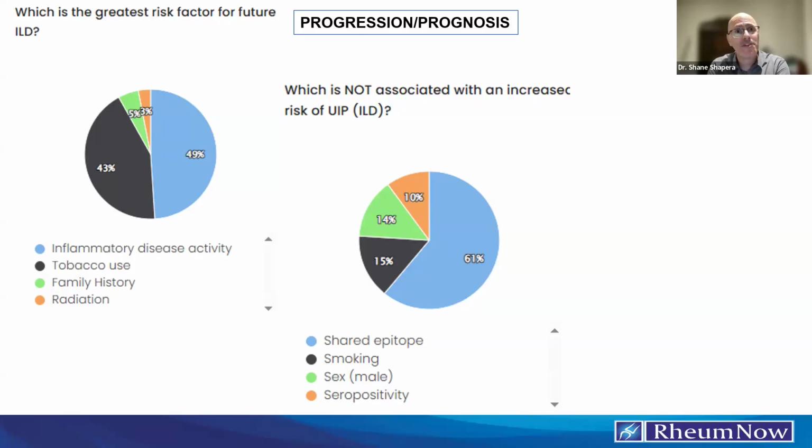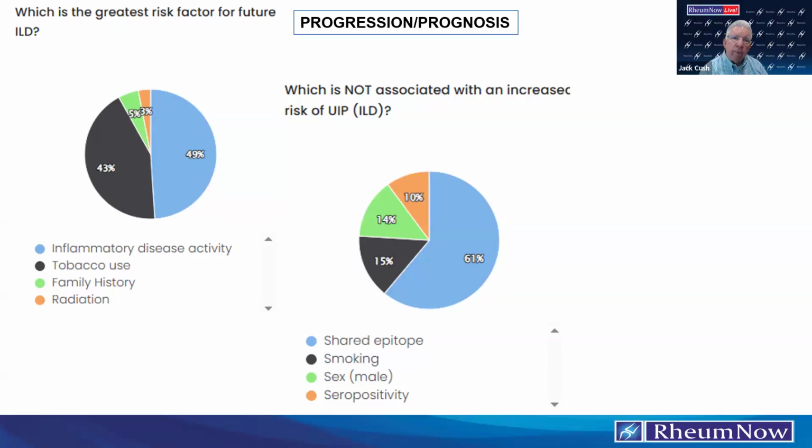And I think one of the challenges is we don't have really great data where we can screen everybody and look for these risk factors. I know these are the two biggest risk factors, along with high titer autoantibodies, particularly rheumatoid factor and anti-CCP. So I'm not sure if one of them is bigger than the other. I'll defer to my colleagues if they're aware of any data on that.